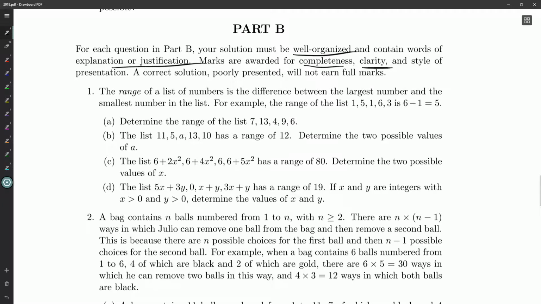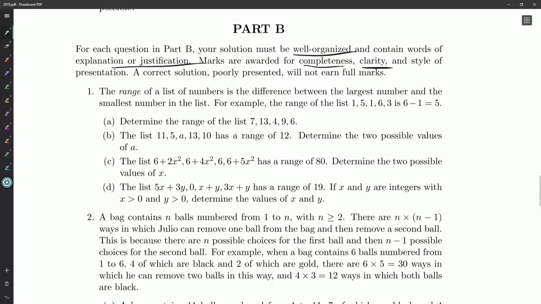Usually if something's a little unclear, you pass the paper to one of the more experienced markers, but if they don't understand what you're doing, well, you're not being very organized and clear. So you do want to practice that. Anyway, we're going to get into it with B1 in this video.